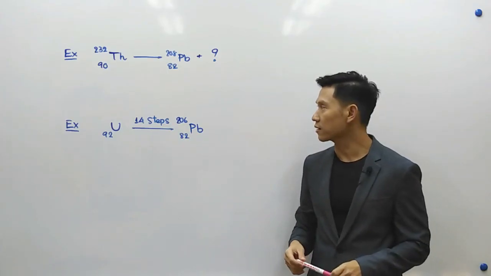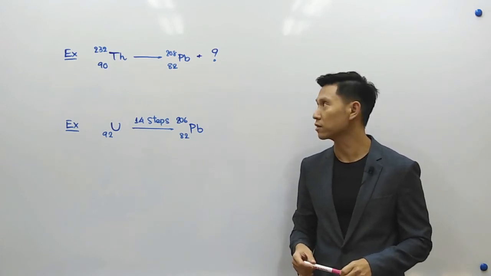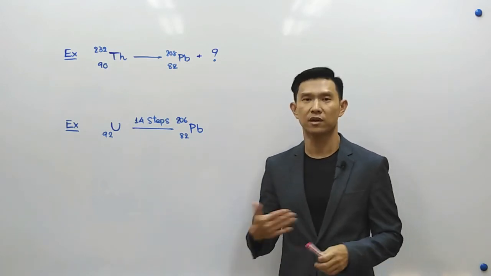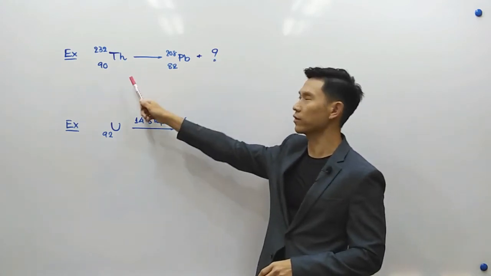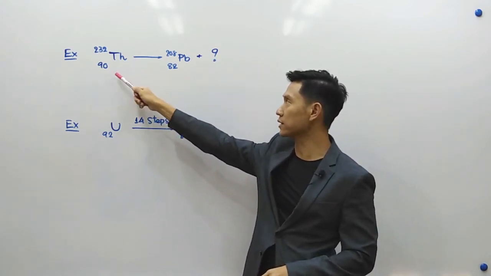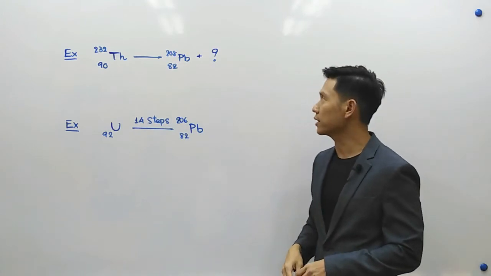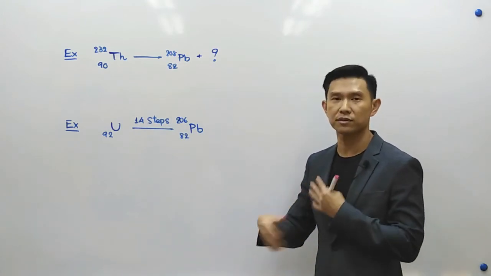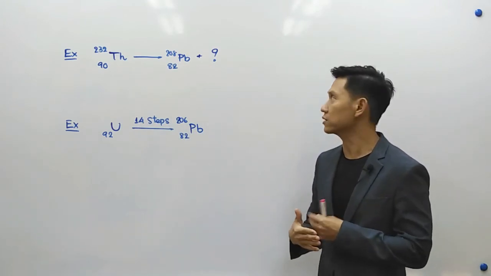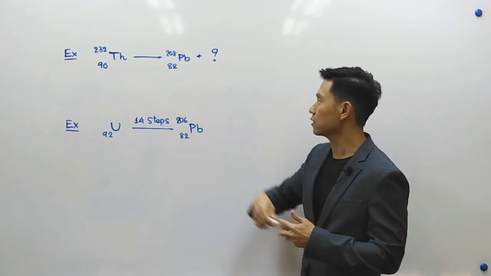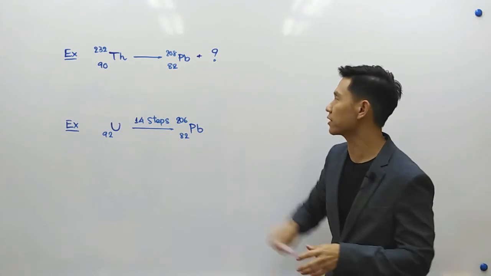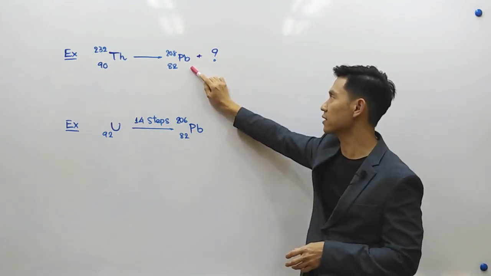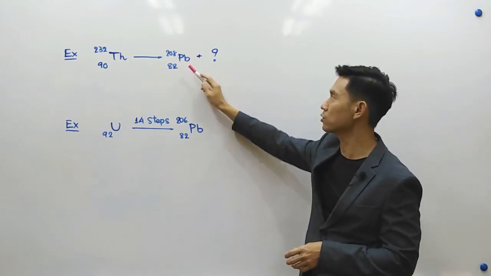So this is another assignment for this topic, radioactivity. If you're starting from thorium, mass number 232, and it undergoes radioactive decay, and the very final end product is lead, number 82 with mass number 208.